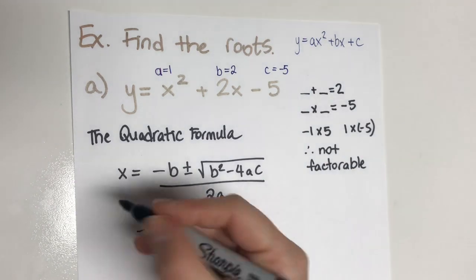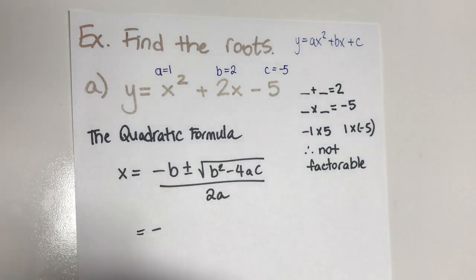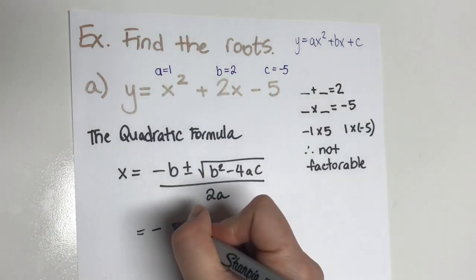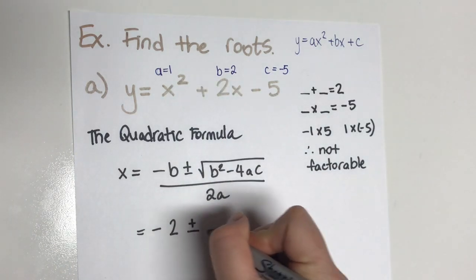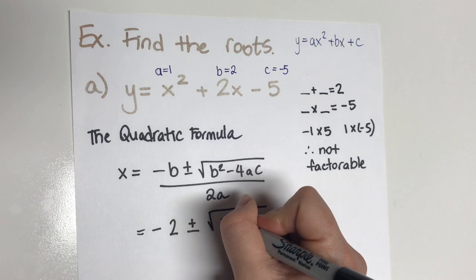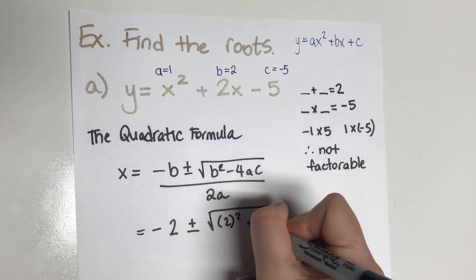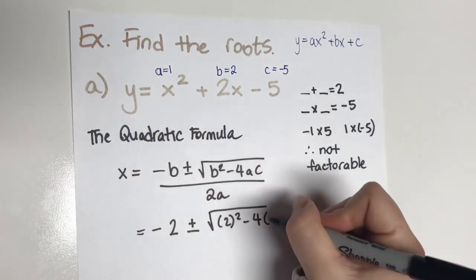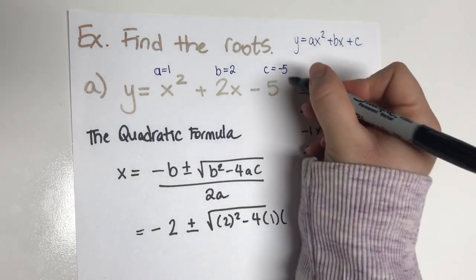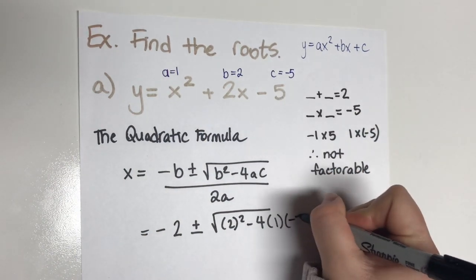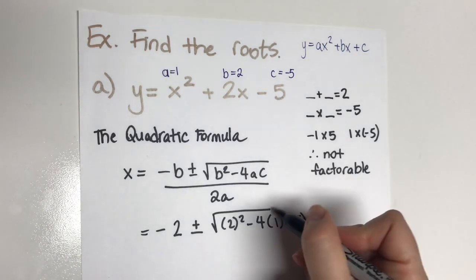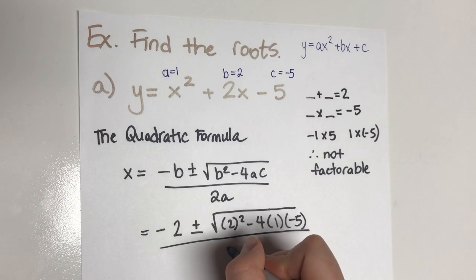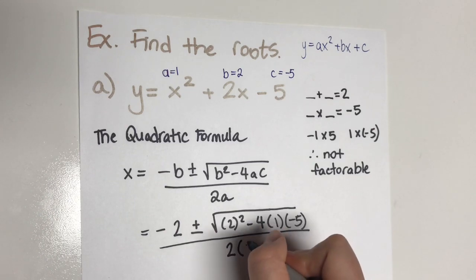So -b, so I'm going to write a negative sign not to confuse myself, and then look at b. b is 2, so -2 plus or minus the square root of 2 squared minus 4. A is 1, and c is -5. Over 2 times 1.